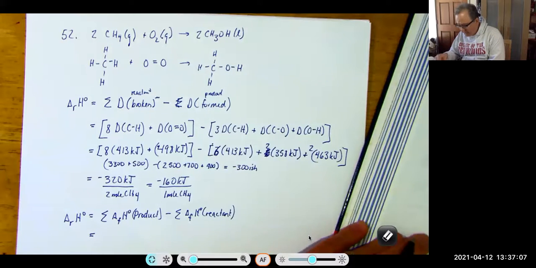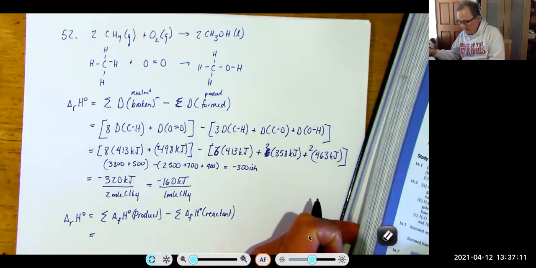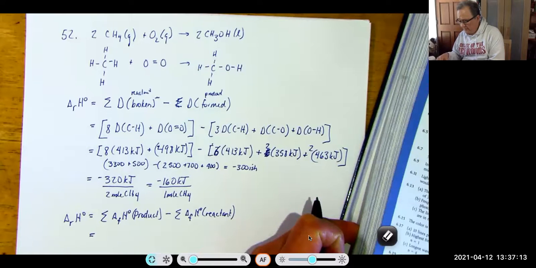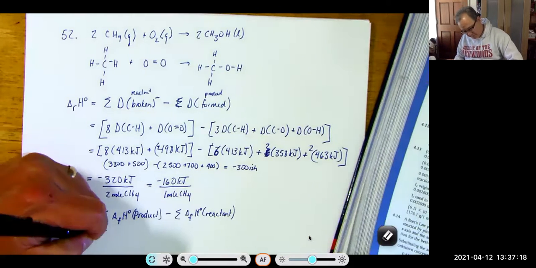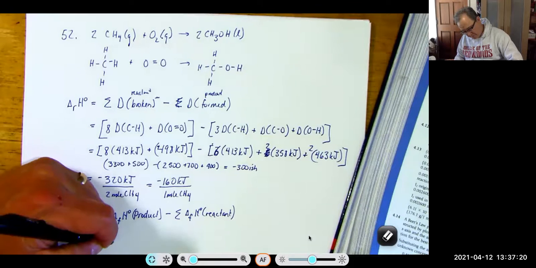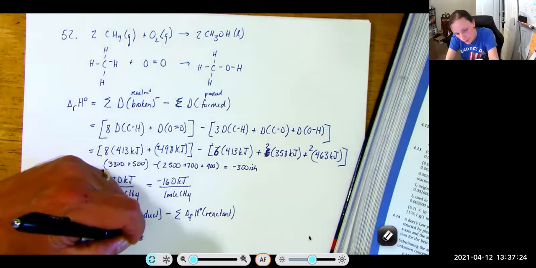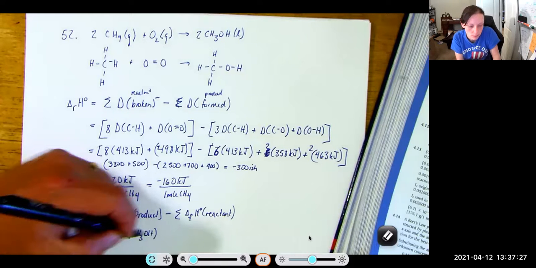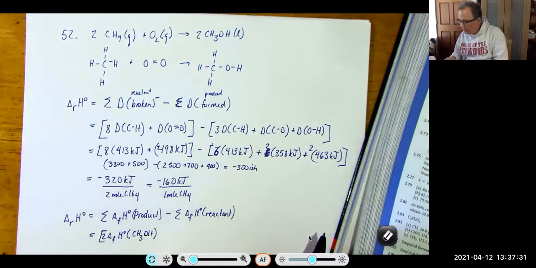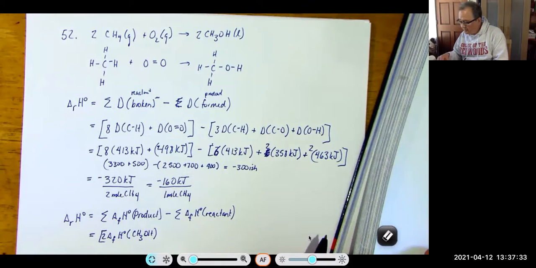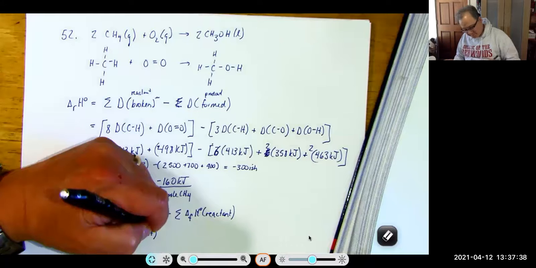And that value was like minus 300 or something, if I remember right. What page is the appendix on? It's like 40. Wait, 30.